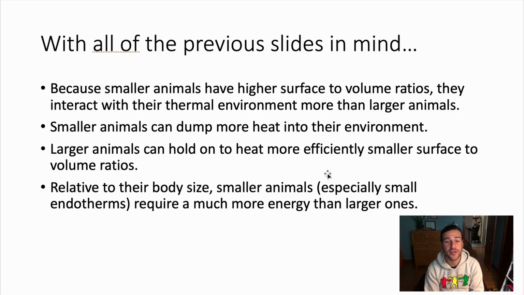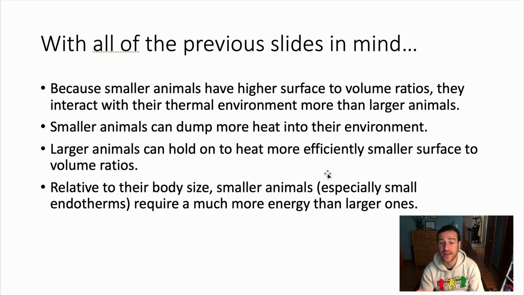With all of these previous slides in mind, I want us to look at these biomes, and we have to realize that smaller animals are going to have higher surface to volume ratios, right? That's it. The smaller an organism is, the larger their surface is compared to their volume.